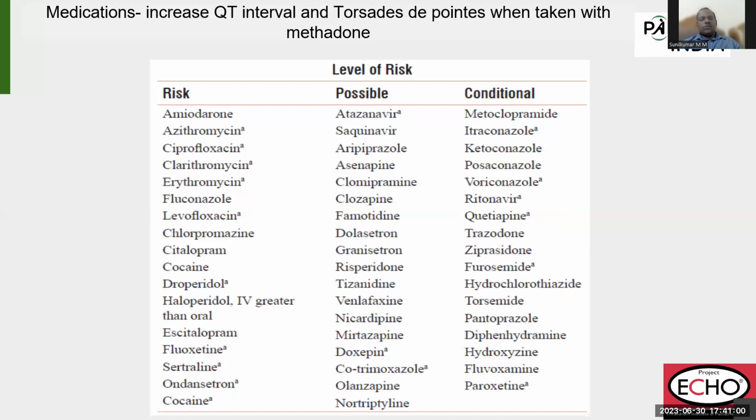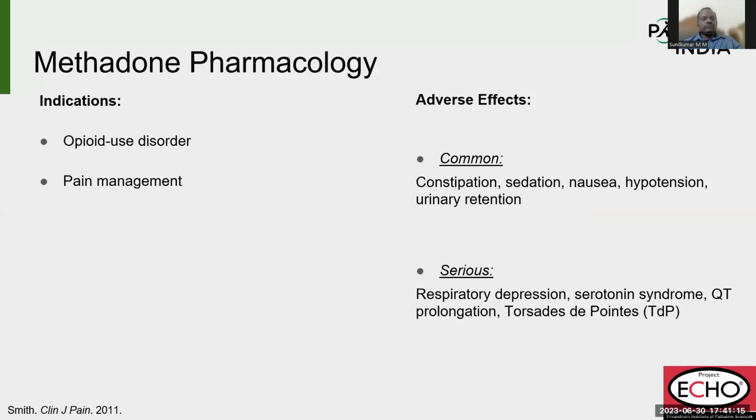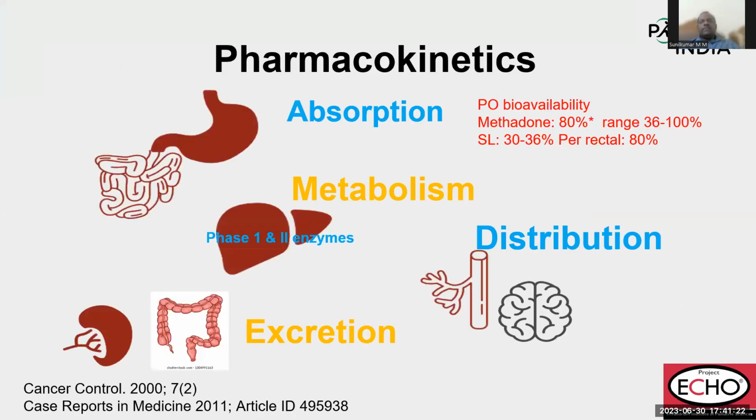Those are all commonly used, and many of the medications on the right-hand side are also commonly used in palliative care. So whenever you prescribe methadone, you have to see what medications the patient is taking. We already saw this, and we are moving on to pharmacokinetics.